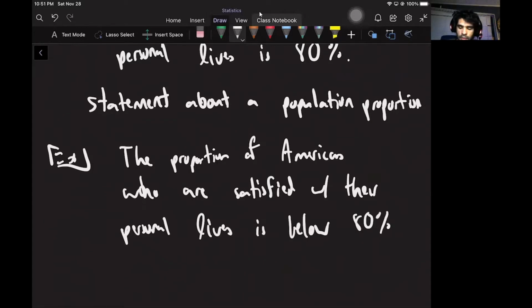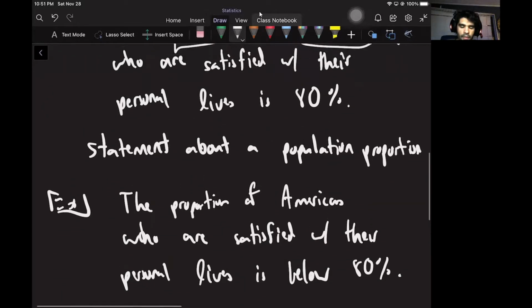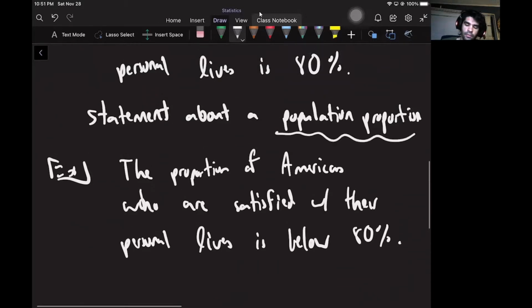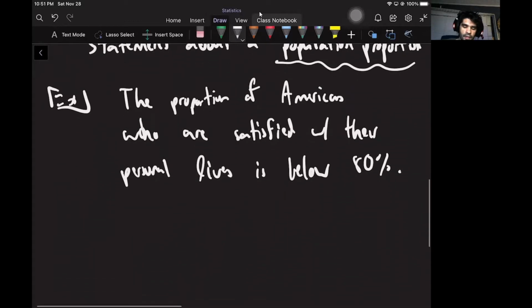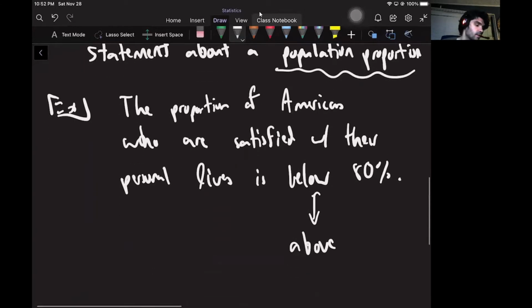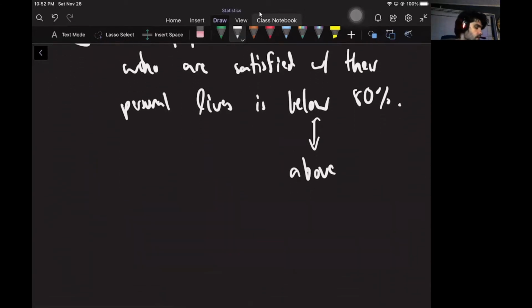That's a different hypothesis. I'm making a different claim, a different statement about a population proportion still in both cases. And in fact, I could also change below to above, and I can get a third statement, a third hypothesis. So these are all three different hypotheses you could write about the same population proportion and the same number, 80%.